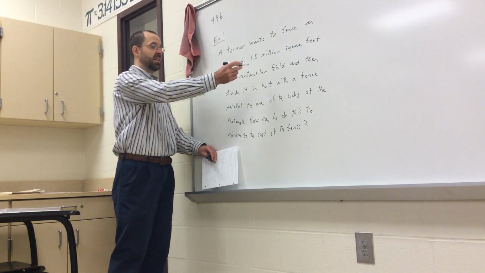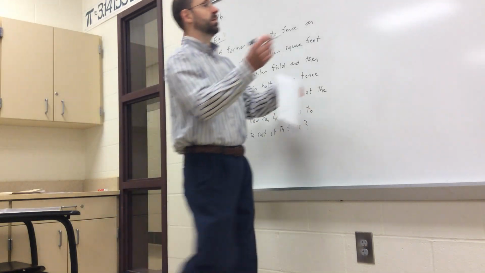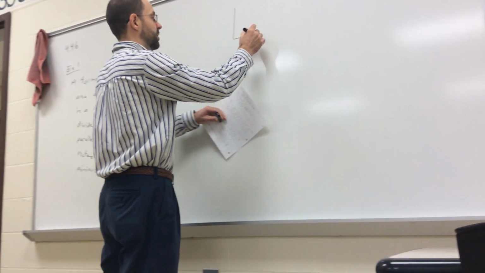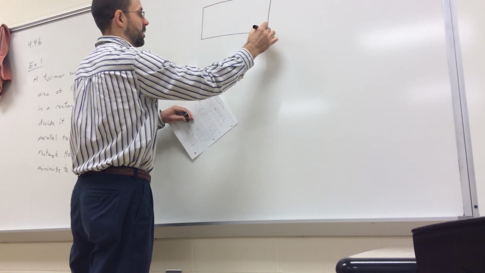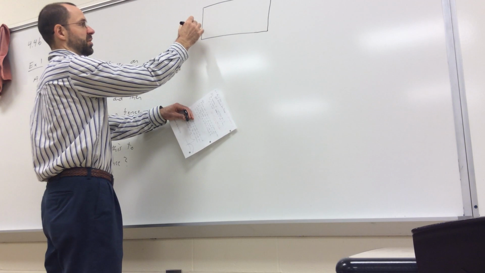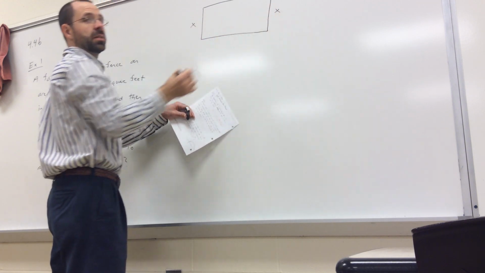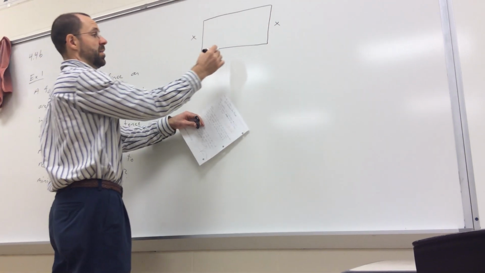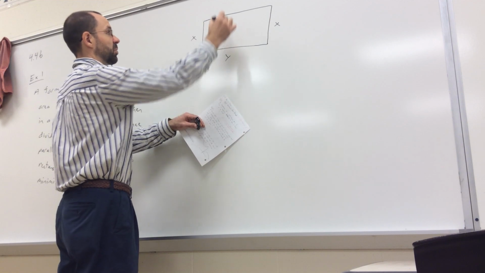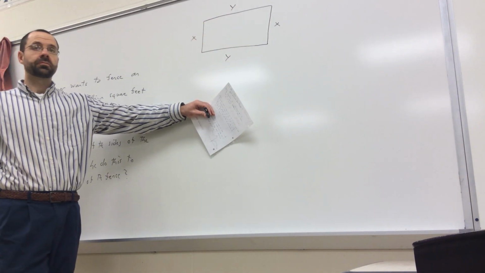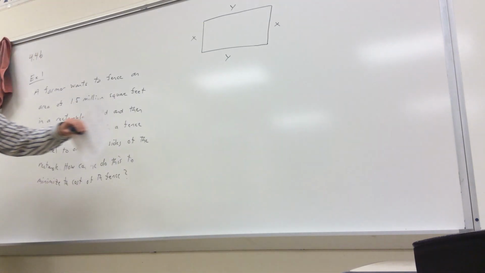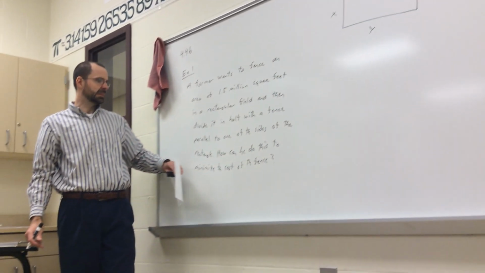Okay, so we've got a rectangular fenced area. So that would look like this. And these two sides are the same, so I'll call them both X. And then these two sides are the same, so I'll call them both Y. And then what else is he going to do?